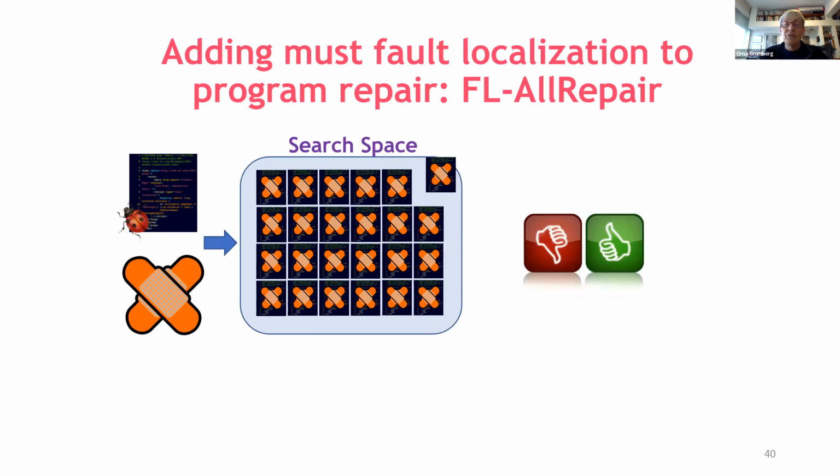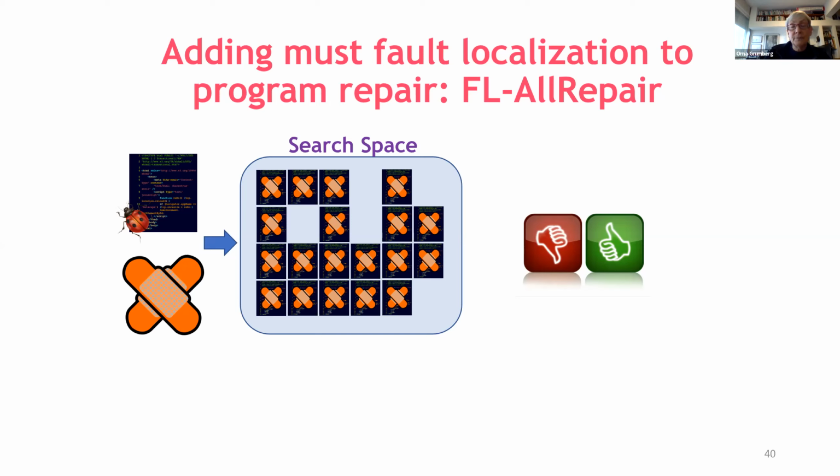So now we have the following setting. We have a program which is buggy, validation fails, and we also remove from the search space all other similar buggy programs that share the same Must fault localization.